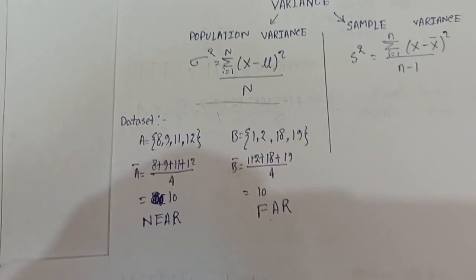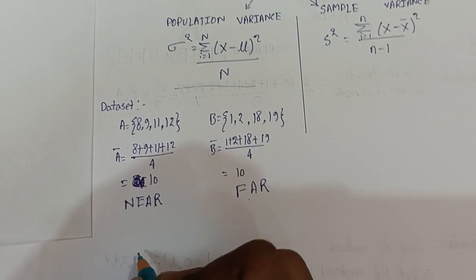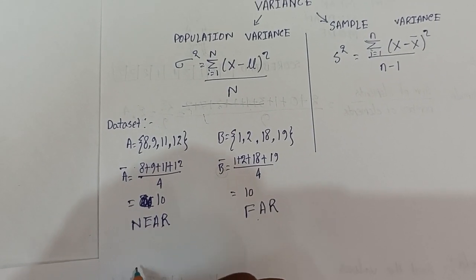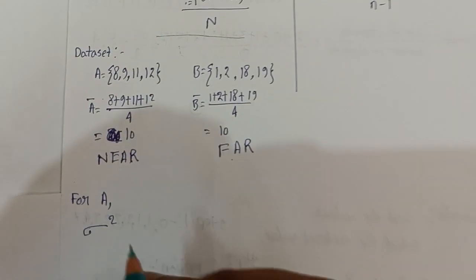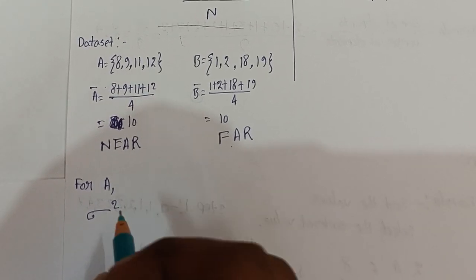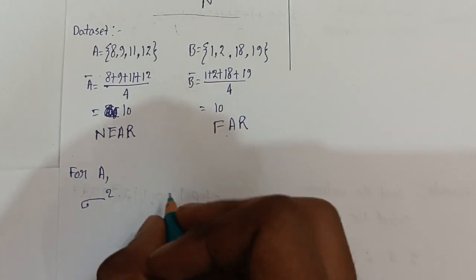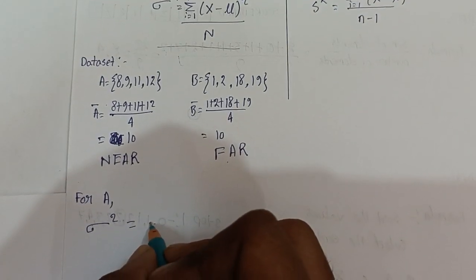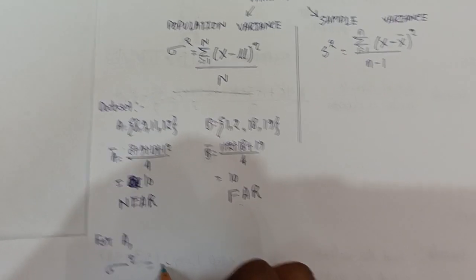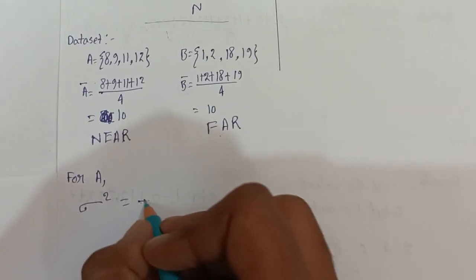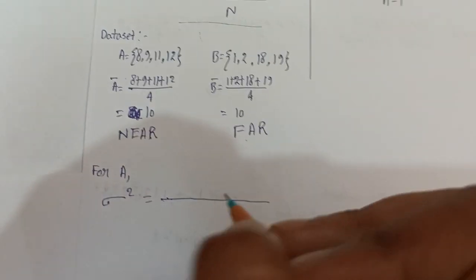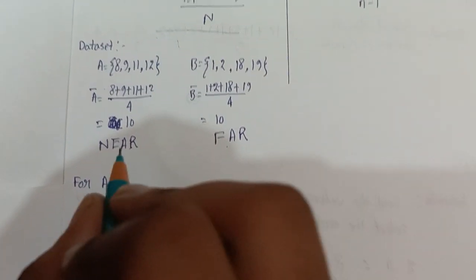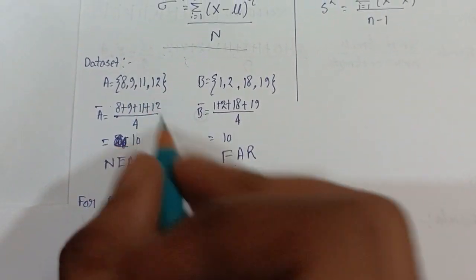So for dataset A, I am writing the formula: sigma square is equal to, now here I will write each of the elements.